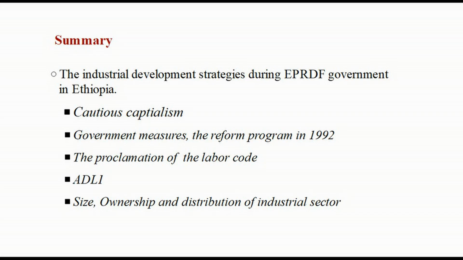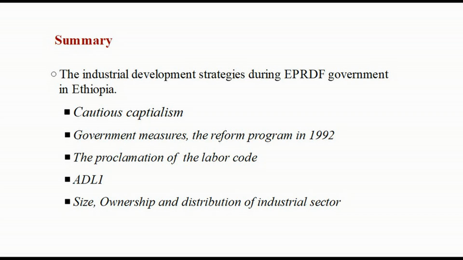And a more relaxed labor code was proclaimed that encouraged the involvement of the private sector. The code includes the lifting of the restriction on private sector investment capital and the number of business ventures. Previously, there was a capital ceiling, and private sectors were not allowed to open different branches.